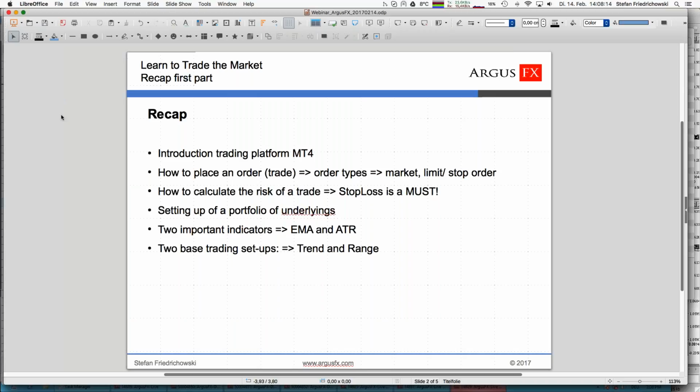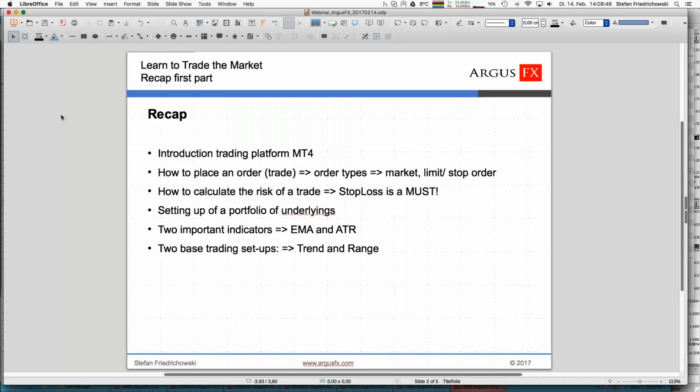We have introduced 2 important indicators in general. The first is the EMA, the exponential moving average. In general, what we need is a moving average, which helps us to identify ranges, or when the market is flat, or it helps us to see whether the market has a specific trend direction.